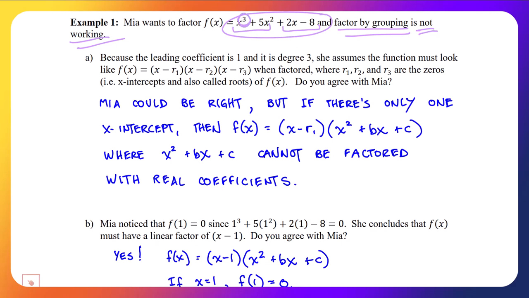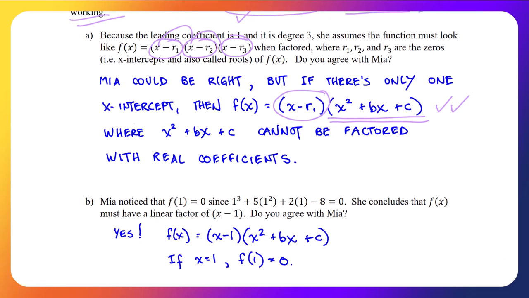Typically, with a third degree polynomial, we expect 3 factors. x times x times x gives us x cubed. But sometimes we only get one factor, and the second degree polynomial that's left cannot be factored. So she could be right, but in this case, we're probably thinking she's not. And so we probably have this situation in mind.